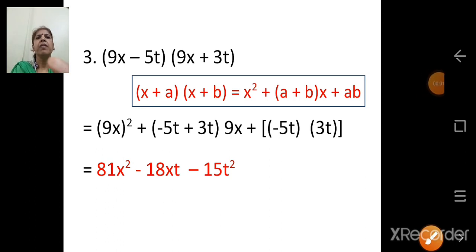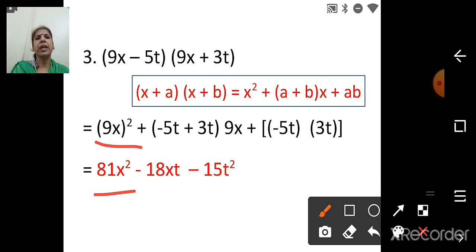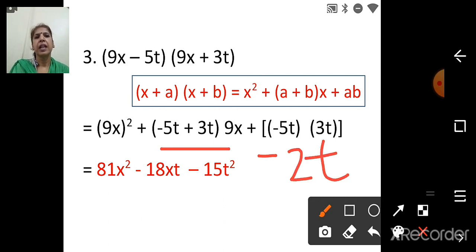So the square of 9x is 81x². Then we will solve the bracket part: minus 5t plus 3t gives minus 2t, right? Multiply with 9x. When we multiply 9 with minus 2 you get negative 18x times t, 18xt.